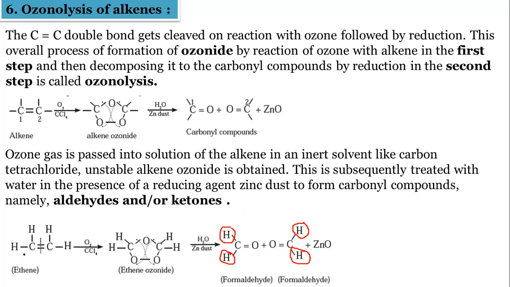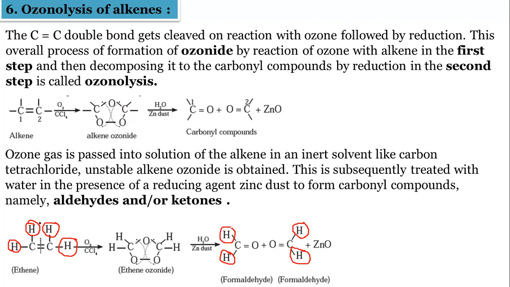Which changes do I have to make here? Each of these hydrogens has to be replaced with a CH3 group. If all these hydrogens become CH3, then I will get two molecules of ketones.